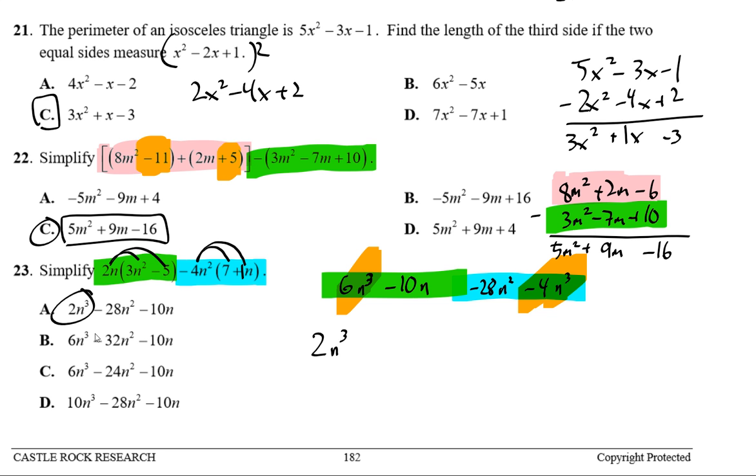We think it should be A already because it's none of these ones. But let's double check. Let's keep going. We've got -28n squared, nothing to play with there, no like terms. And -10n, again, no like terms, no other n terms. So we check -28n squared, -10n. They also match up with A. It's got to be A.